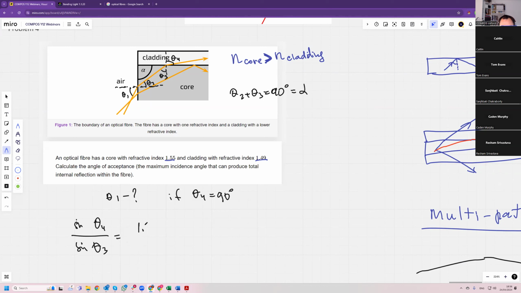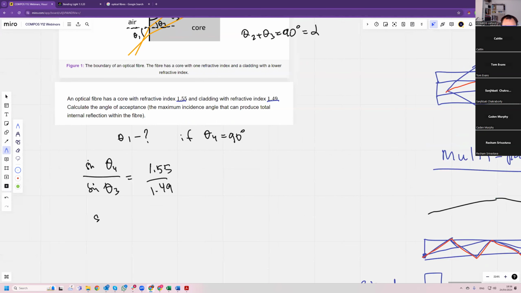So that's 1.55 divided by 1.49. So sine theta 3 is 1.49 over 1.55. So theta 3 is arc sine of 1.49 over 1.55, which is 74 degrees.